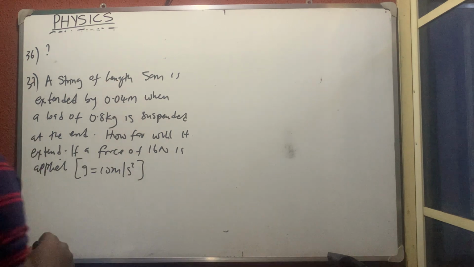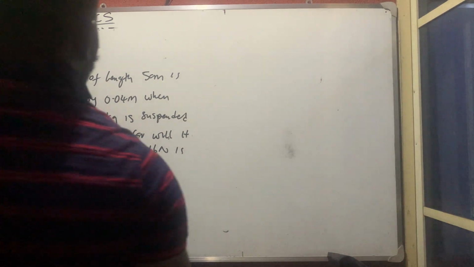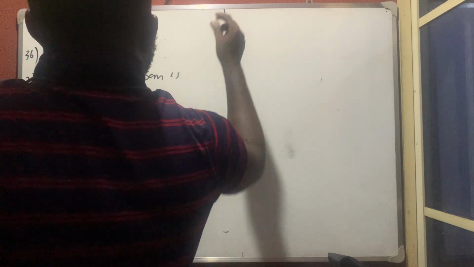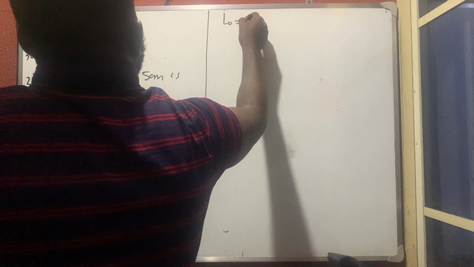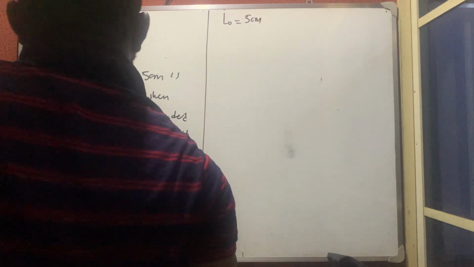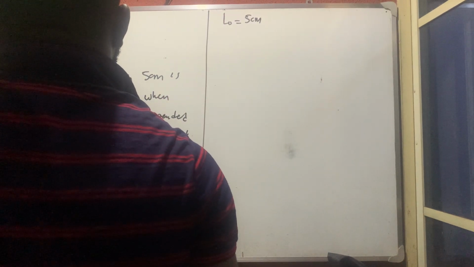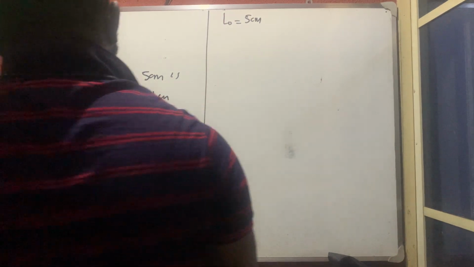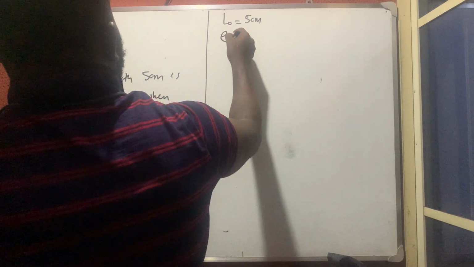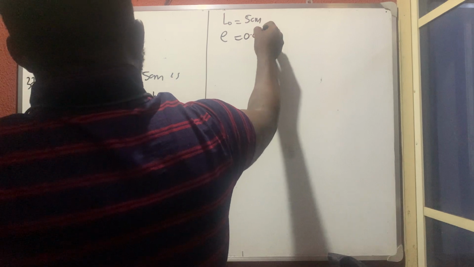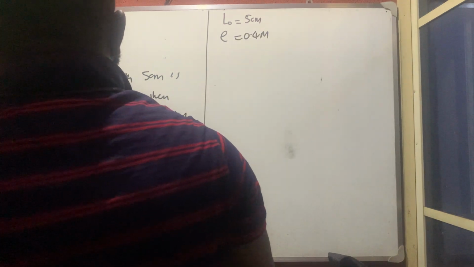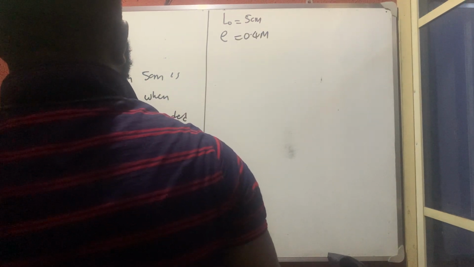They said that a string of length, that's the original length of this string, is 5 cm. And they say that it is extended by 0.4 meter. The extension is 0.4 meter.